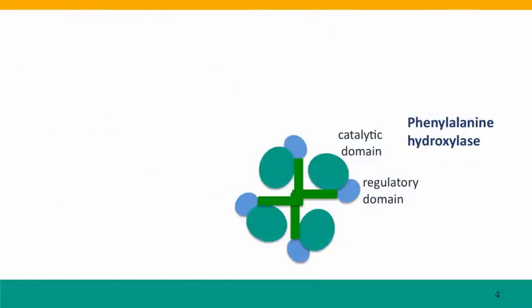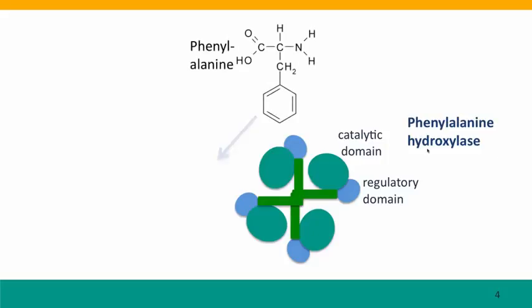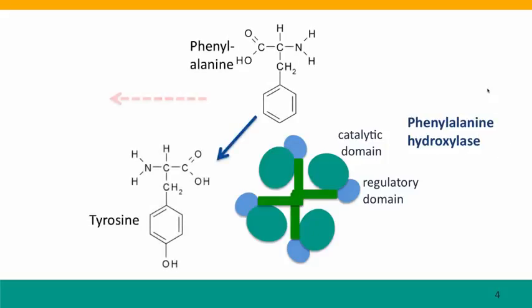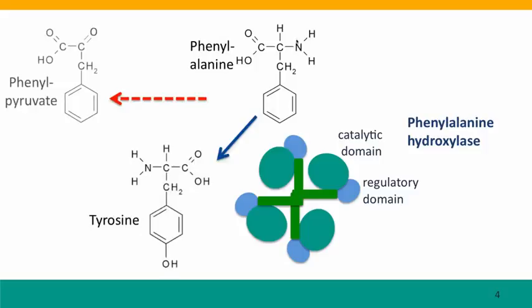Now, here's another example of regulation. This is phenylalanine hydroxylase, which we talked about a few lectures ago as an example of a catalytic protein. Phenylalanine hydroxylase acts on phenylalanine, the amino acid, breaking it down to tyrosine.